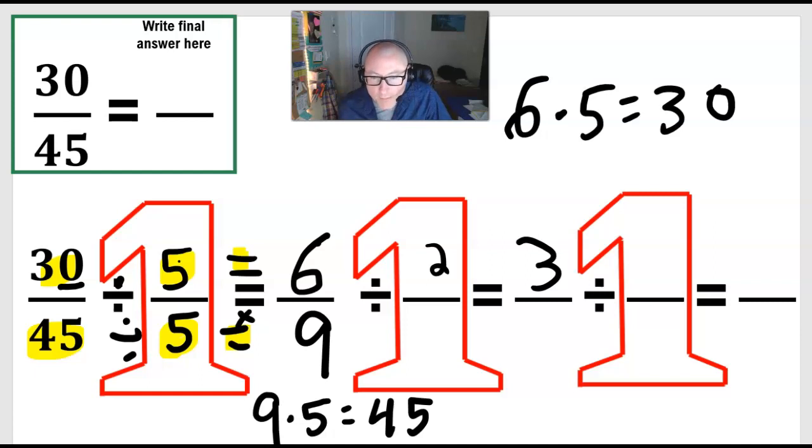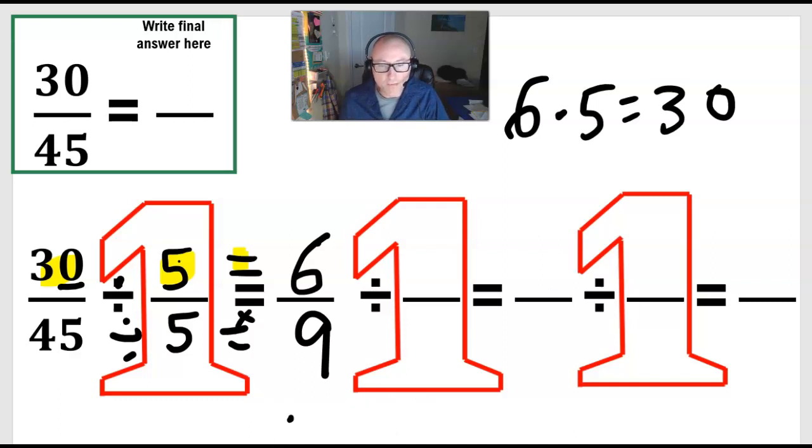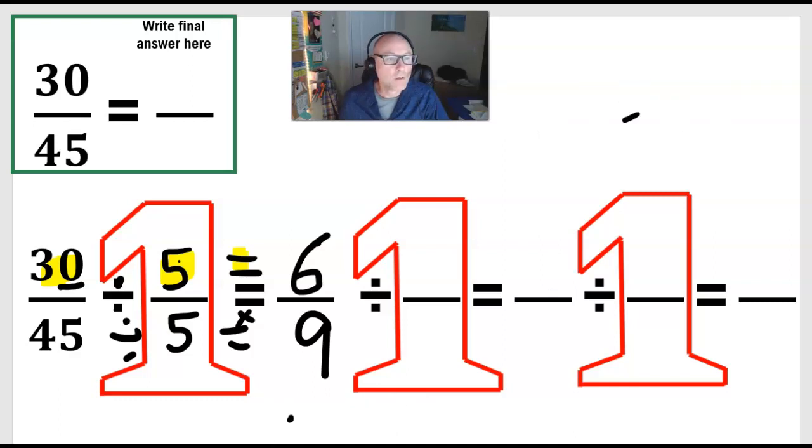Okay, so 9 times 5 is 45. So we know this is good. So now we can go from there. So what is the common factor? Oh, see, this isn't going to work, is it? Because now what's the common factor between 6 and 9? What goes into both 6 and 9 evenly without any remainder? That's going to be a 3.